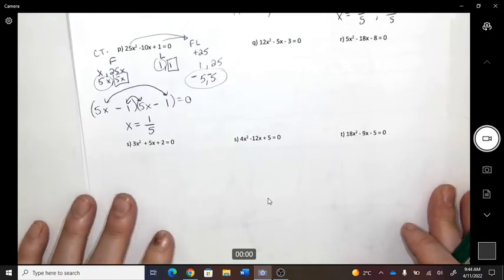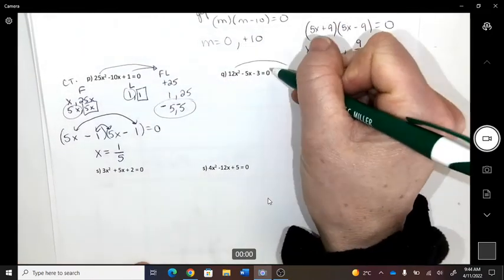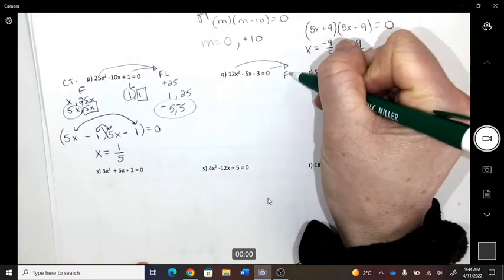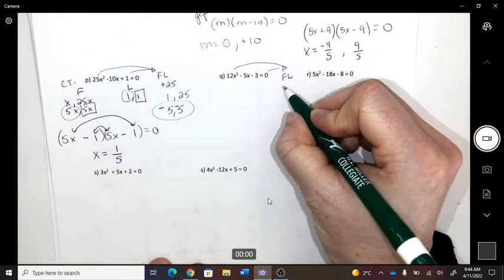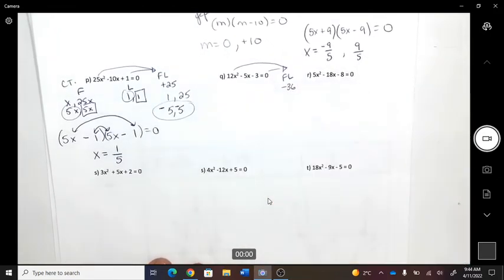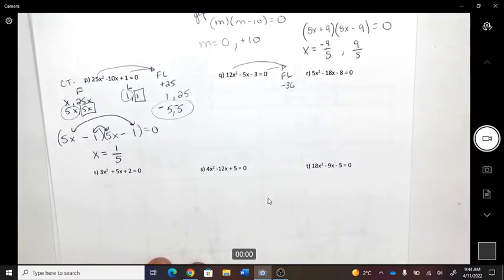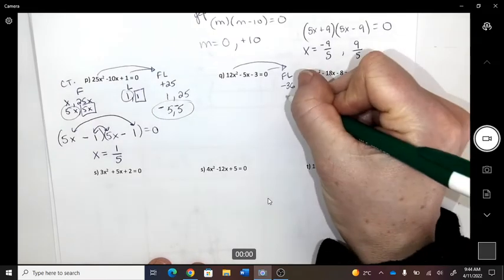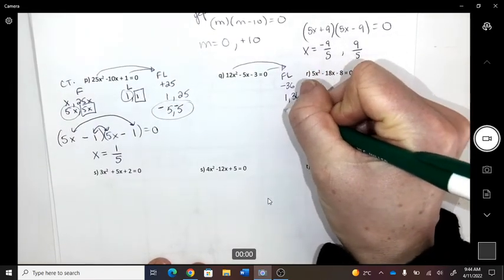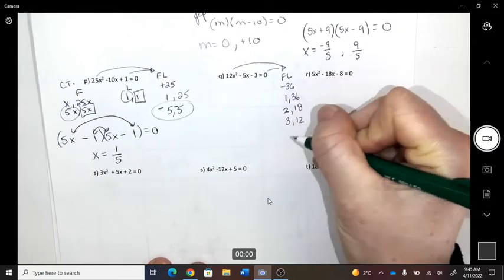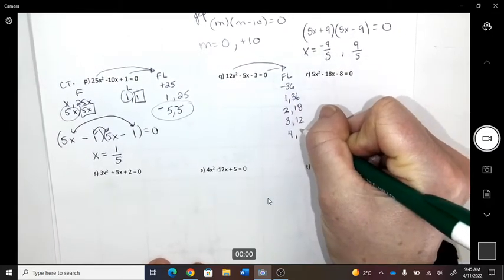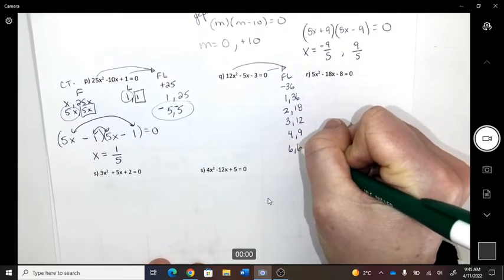Okay, Q. So my FLA number is -36. 1 times 36, 2 times 18, 3 times 12, 4 times 9, or 6 times 6.